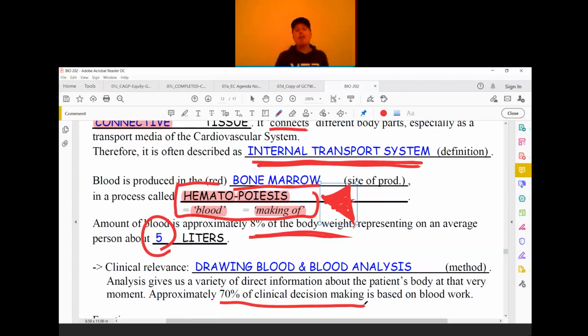About 70% of the clinical decisions that the medical doctor or a nurse makes is based on the results of the blood work. So that's why it's so important that you know the basics of the blood as you continue your career into nursing or other health careers, medical school, medical imaging, nursing assistant, dentistry, wherever you're going.